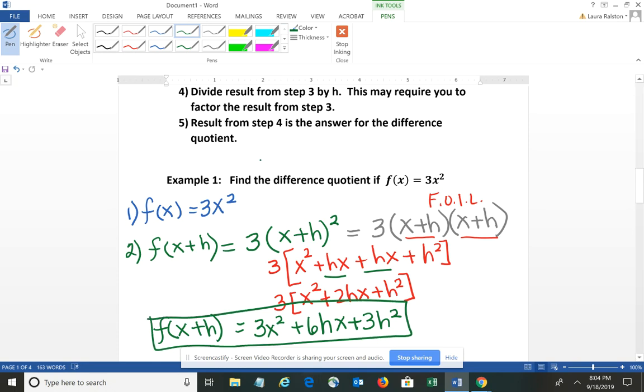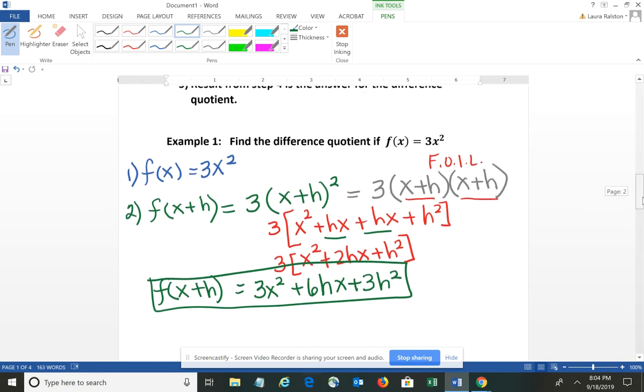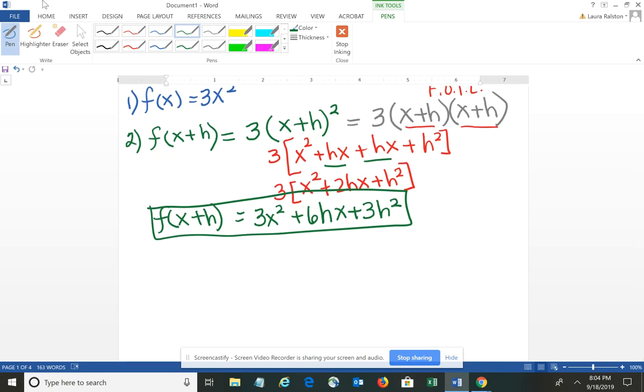Step 3, then I'm going to subtract the result that I got in step 2 from, I've got to do f of x plus h minus f of x. So I'm going to color code it for you. f of x plus h is what I have written in green.